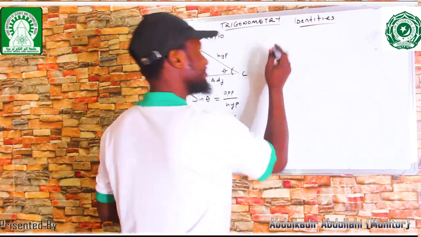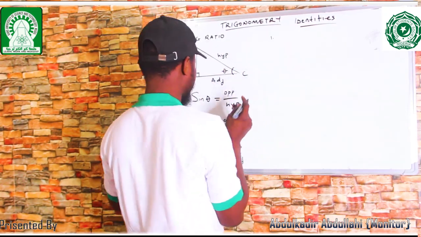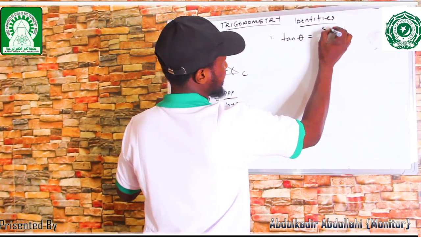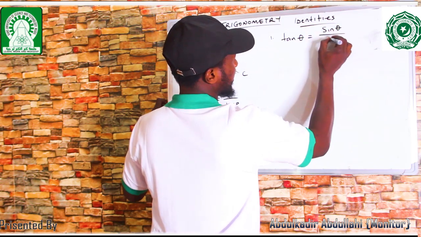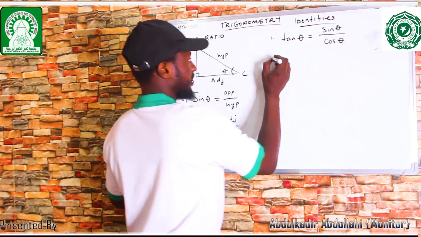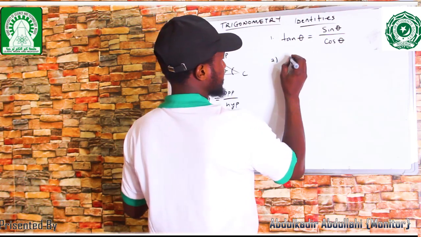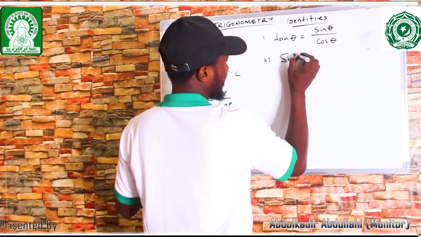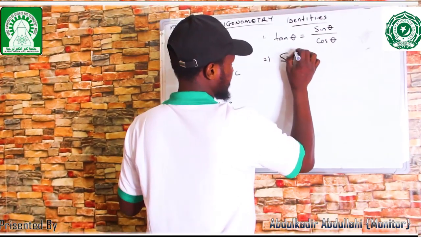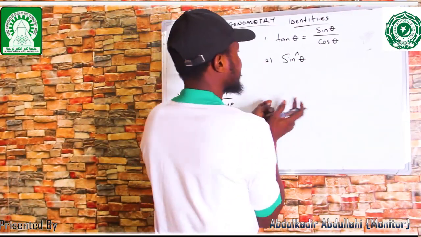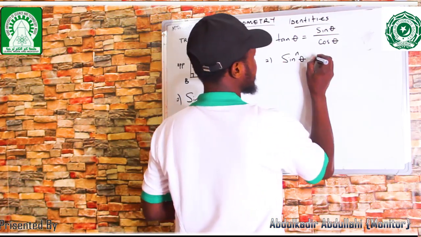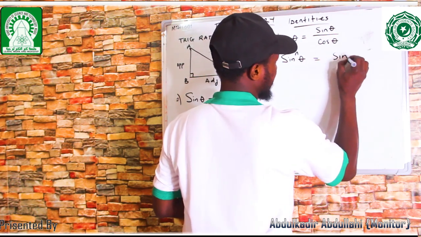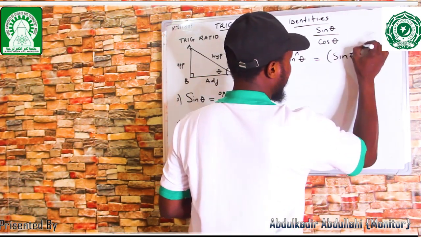Some simple identities I may write here are: number 1, tan theta is the same thing as sine theta over cos theta. Number 2, one very important identity is that sine to the power n of theta, cos to the power n of theta, or tan to the power n of theta is the same thing as sine theta all to the power n.